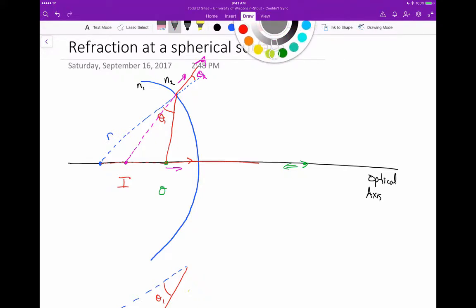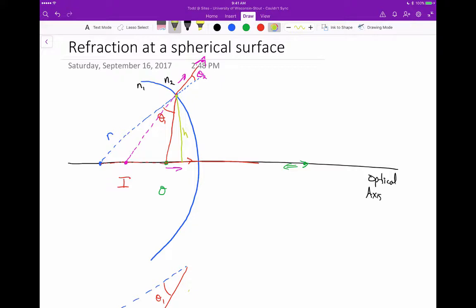I'm going to define the line h right there, which is the height from where this light ray hits the lens to the optical axis.